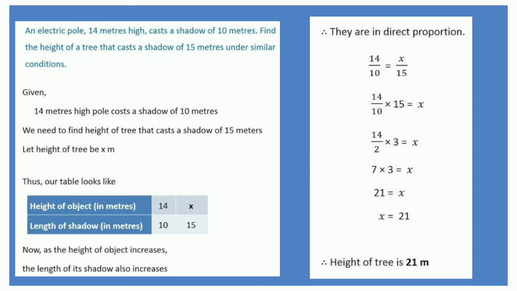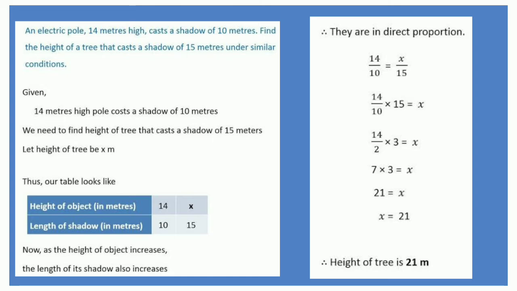As the height of the object increases, the length of its shadow also increases. That means one quantity is increasing, and in the same way the second quantity is also increasing. That is called direct proportion. So the question is in direct variation.